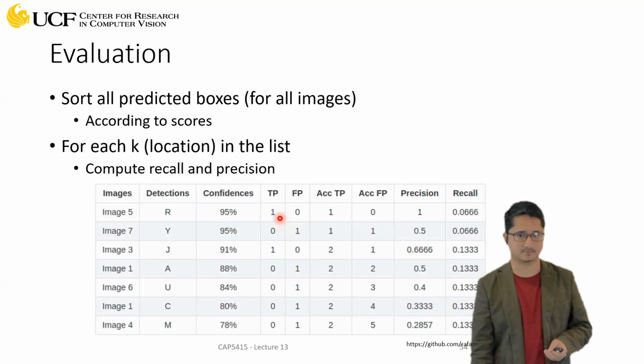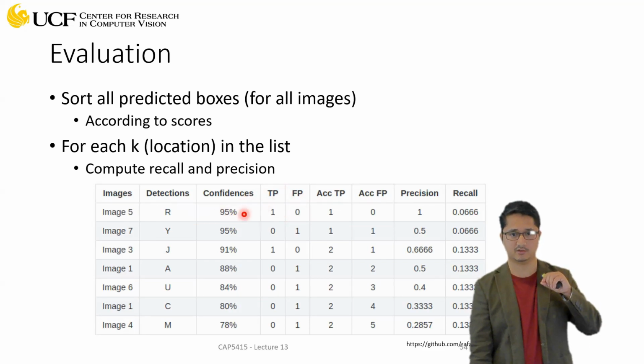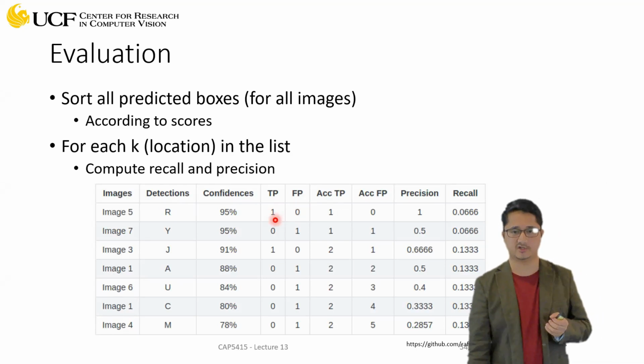If that is the case, you have one true positive. And of course, you will have 0 false positives because you only have one sample at this point. So these are the two columns which compute whether this particular prediction was correct or not. Either this will be 1 and this will be 0, or this will be 0 and this will be 1, because your prediction can be either a true positive or a false positive.